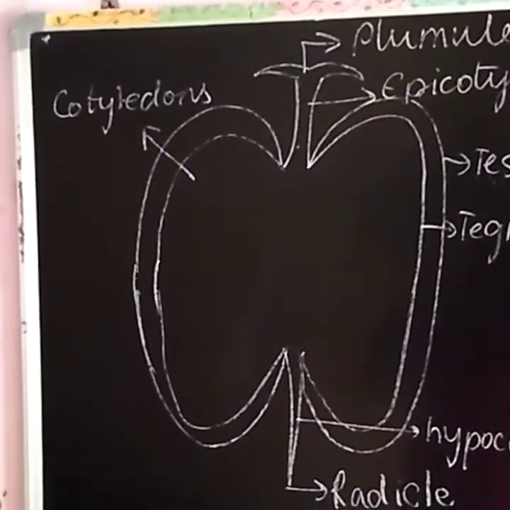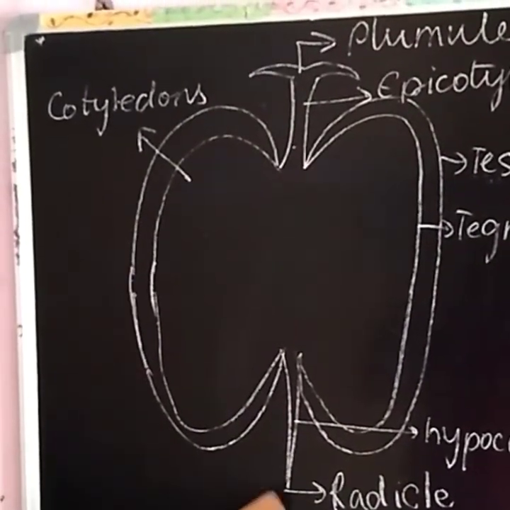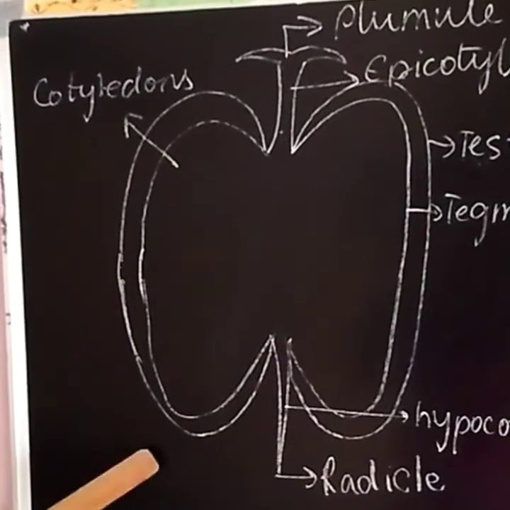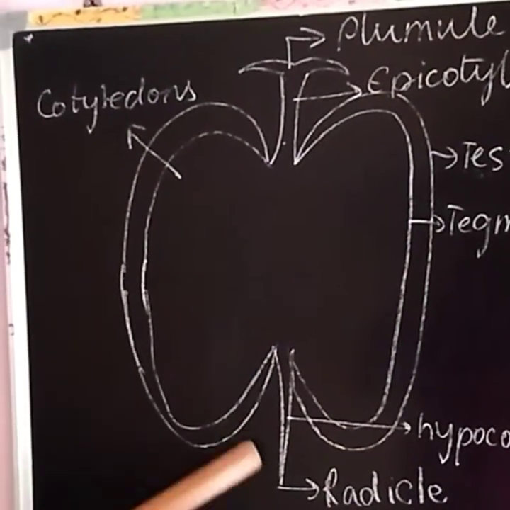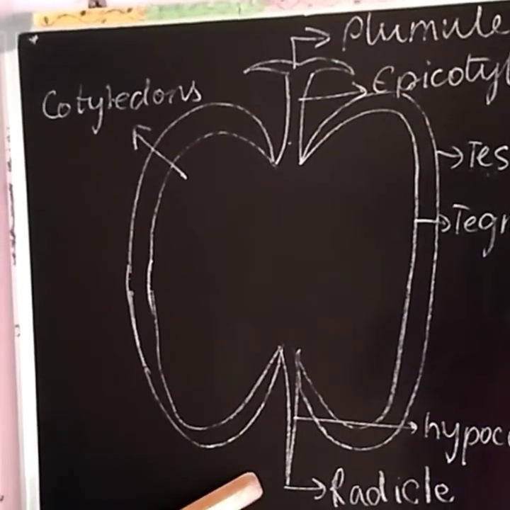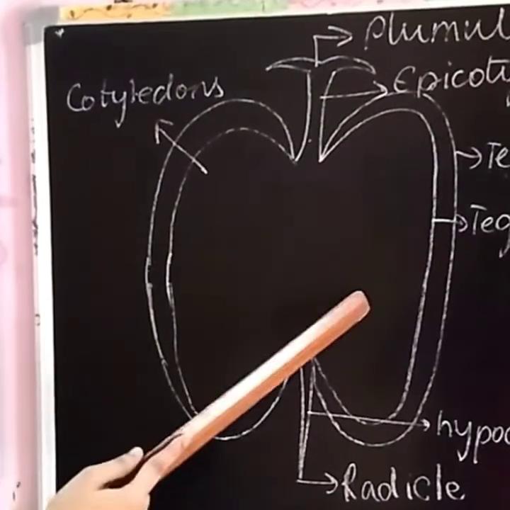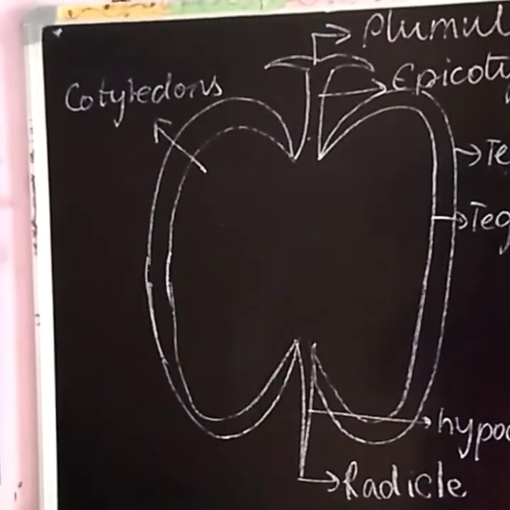Here, this root-like structure is called radicle, which will become a root, and the stem-like structure is called hypocotyl, which is the distance between cotyledons and radicle. And this bean seed is a dicot, so two cotyledons.